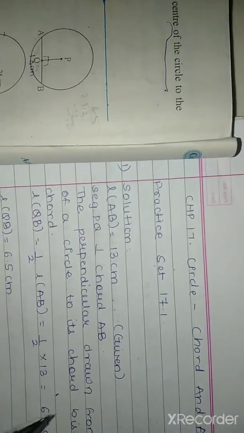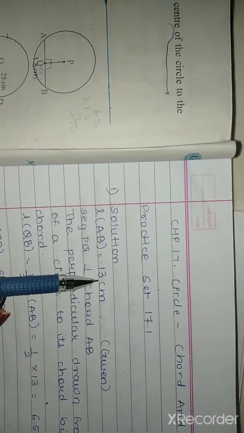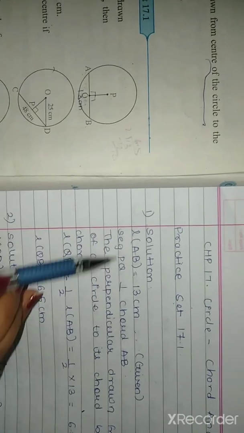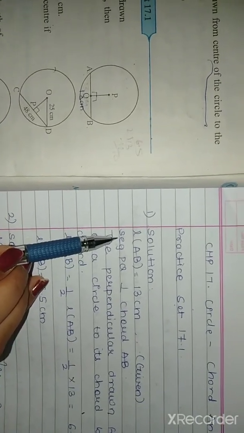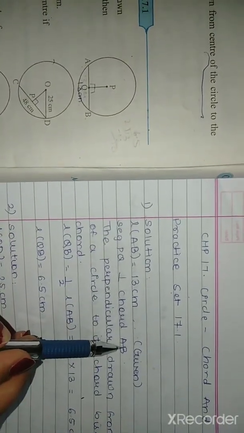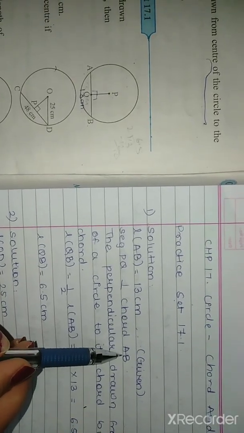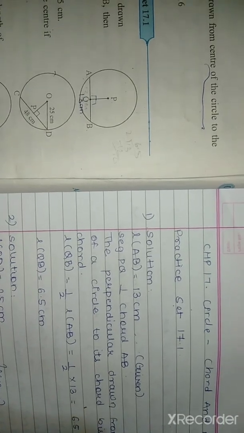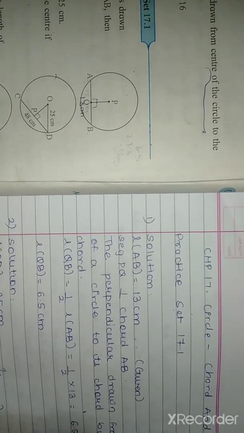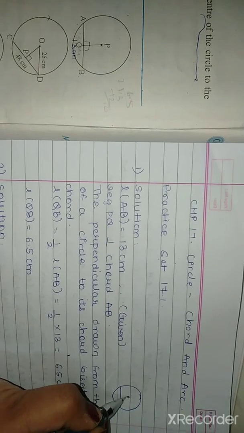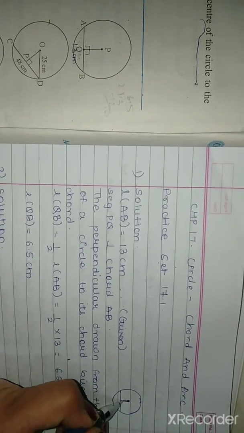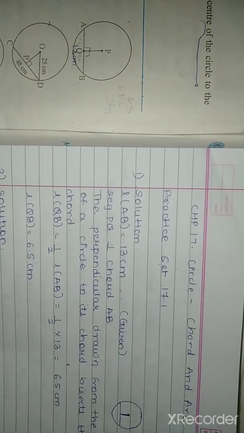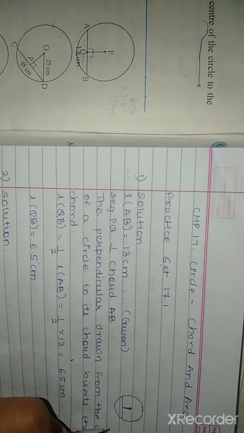Moving ahead to the solution of this sum, we are supposed to find the length of QB. We are given the length of AB as 13 centimeters. Another data given to us is segment PQ is perpendicular to chord AB. The property of a circle is, if a perpendicular is drawn from the center of a circle to its chord, this means this is a circle, this is your chord, this is the center of the circle, it bisects the chord, that means it divides the chord in two equal parts.